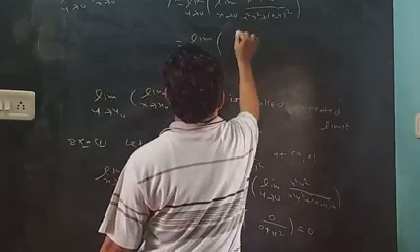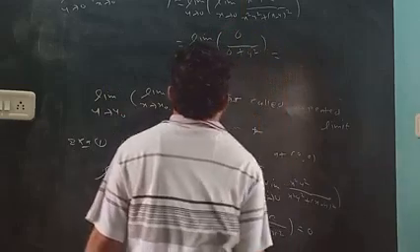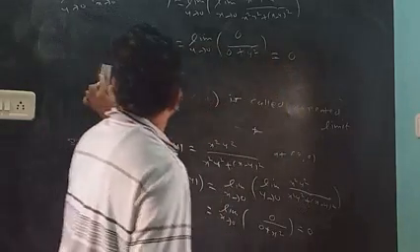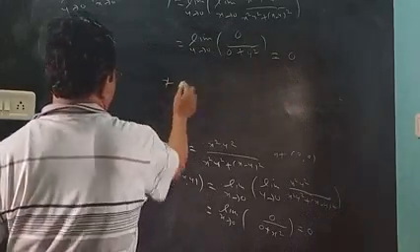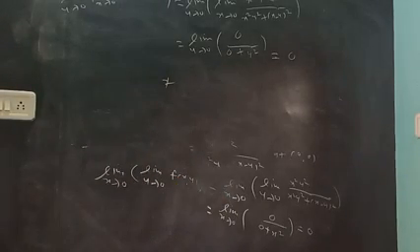X tends to 0, this is 0, this is y squared, again 0 by any term is 0. So both the limits are equal. Generally, apply first y and then x, both must be equal.